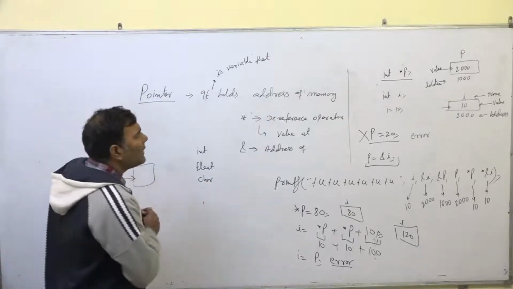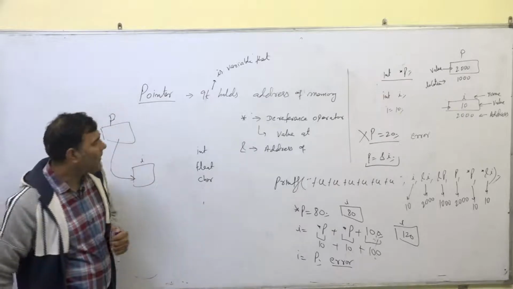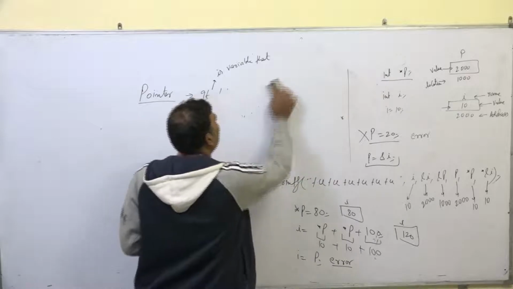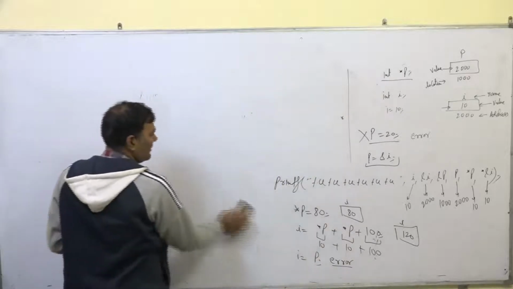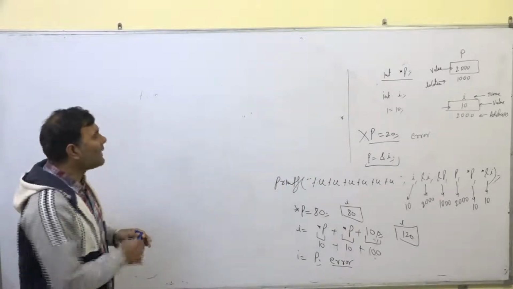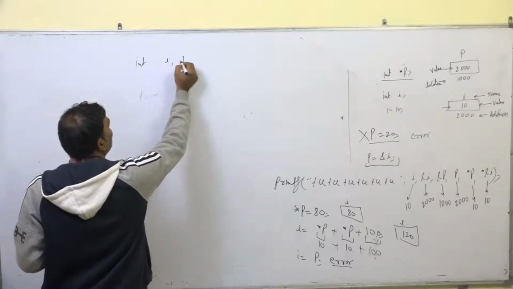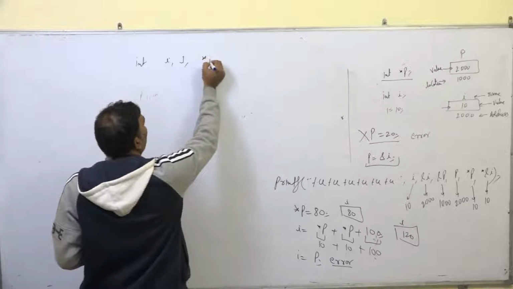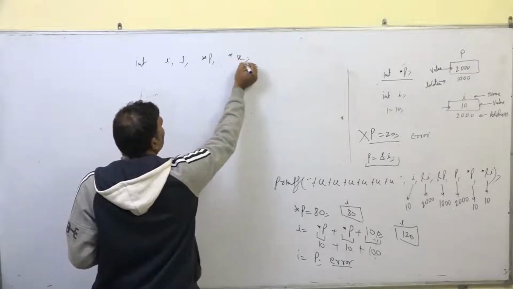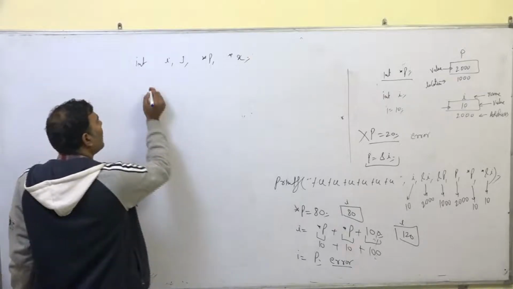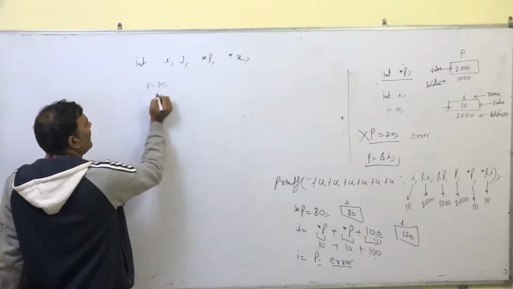So let me show another example of pointers. I think you got some idea about pointers or not. Let me see one another example. We have integers I and j, and there is one pointer p and one pointer x. I equal to 10, whether it is correct or not.